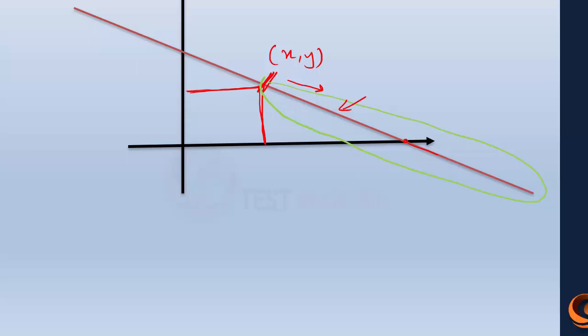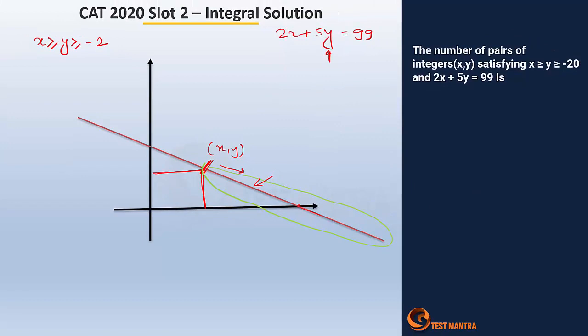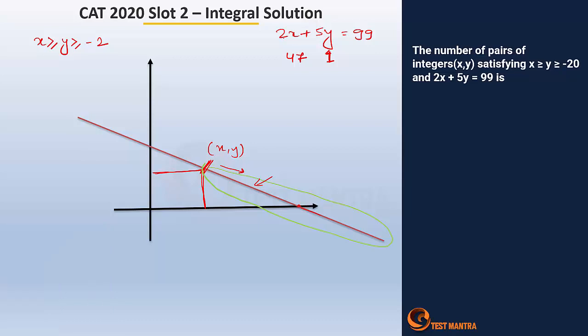Now suppose I put y as 1 here. Then I can definitely find the value of x, which is nothing but 47. Now the important part which you need to keep in mind: whenever you're dealing with the integral solution part, for the next value of x and y, since x is the larger value here, I have to reduce the value of x, and for y I have to increase the value.